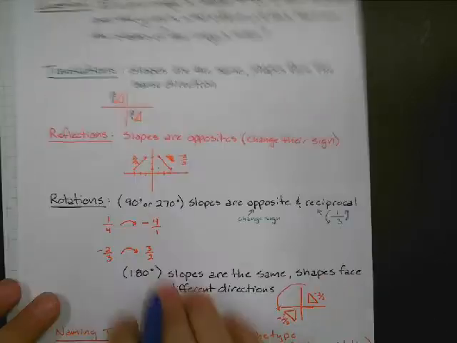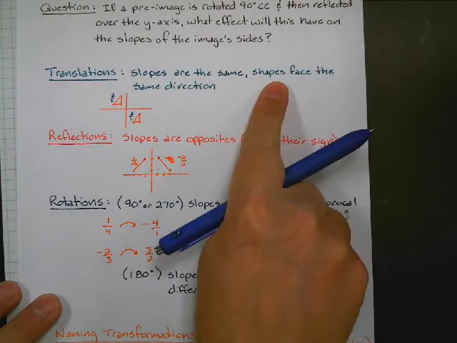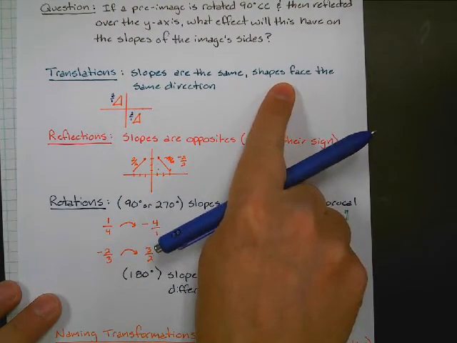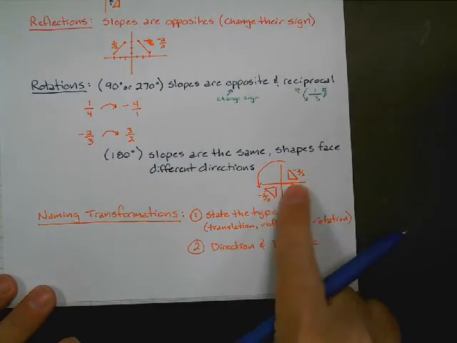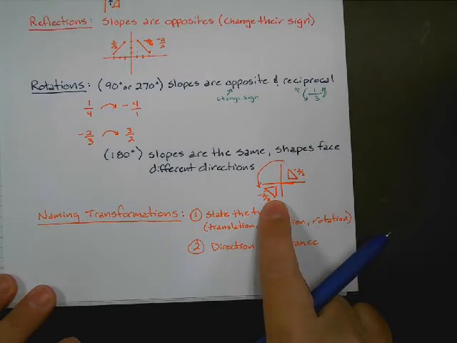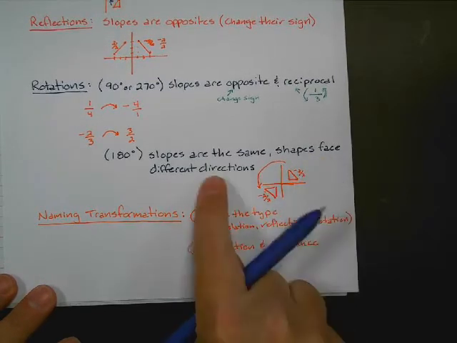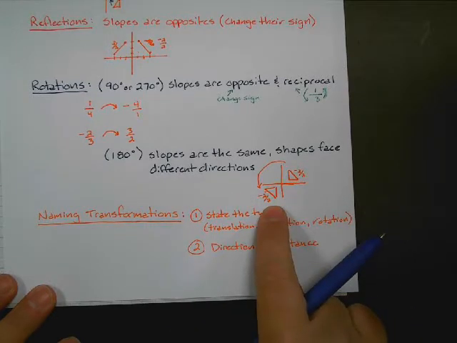That is what we said happens to translations. But with translations, remember the shapes face the same direction. Now look at the 180 degrees. Are these two shapes facing the same direction? No, they're facing in opposite directions. So if it's the same slope but different directions, then we're looking at a 180-degree rotation.